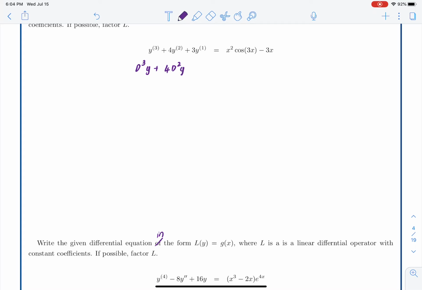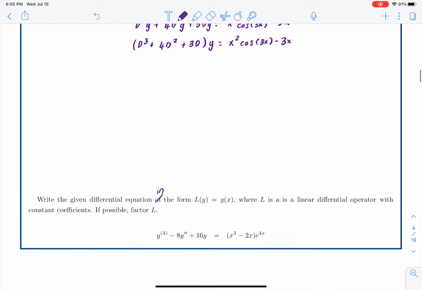So this is a third order differential equation, so I could write this as D cubed y plus 4D squared y plus 3Dy equals x squared cosine 3x minus 3x. If I pull y out, I have D cubed plus 4D squared plus 3D, y equals x squared cosine 3x minus 3x.